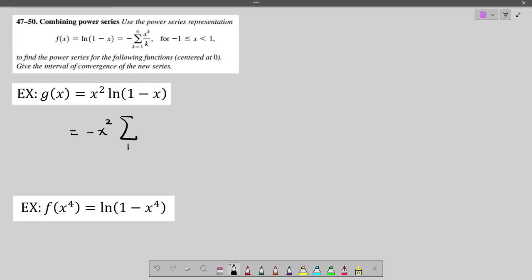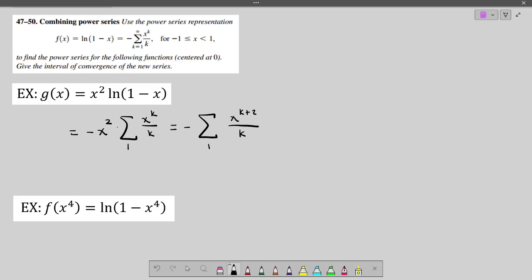And the way we have this right now, this is not a power series yet. Right? This is a power series times the power of x. So we haven't written it as a power series yet. So we're going to move that x squared to the inside, and that's going to be x to the k plus 2 divided by k. There is our new power series.